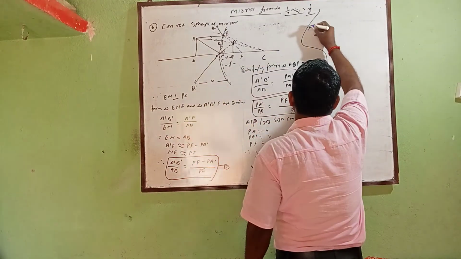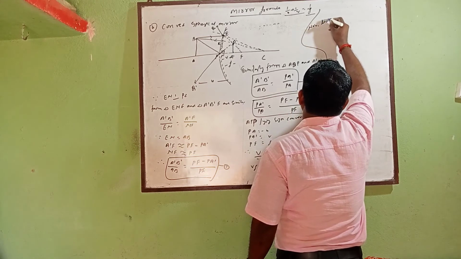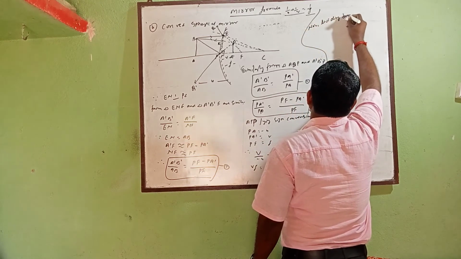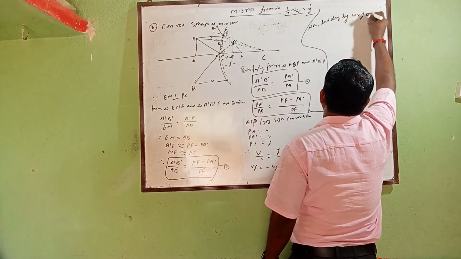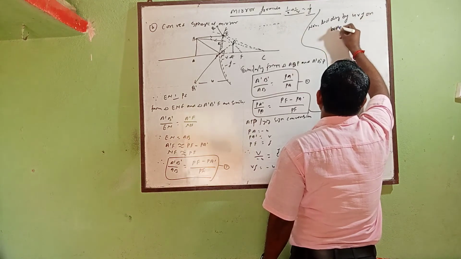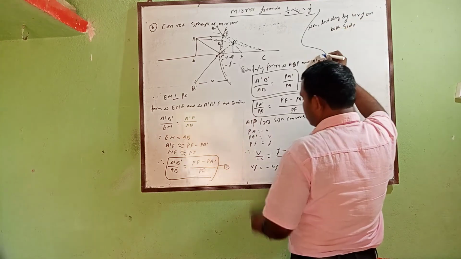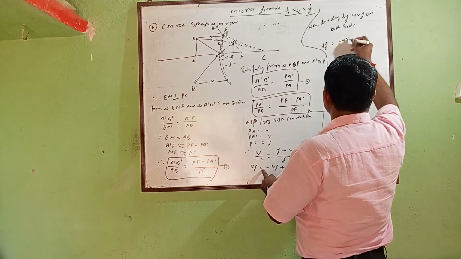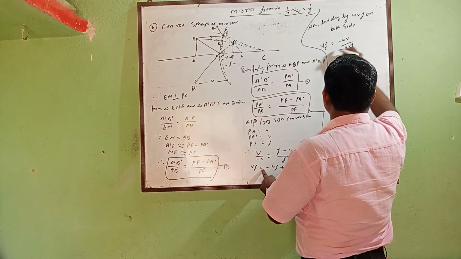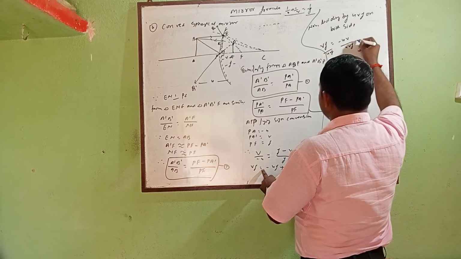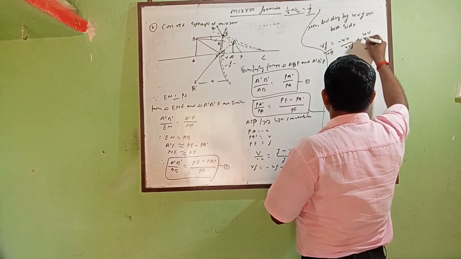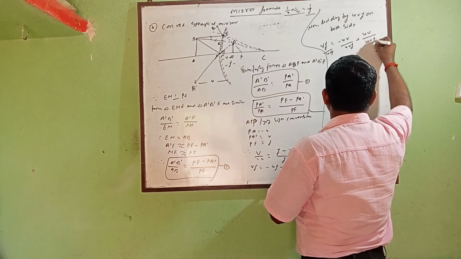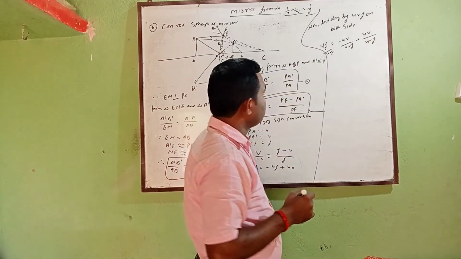Then what you will get? Now dividing by UVF on both sides, you can write VF by UVF equal to minus UV by UVF, plus UV by UVF. Some terms will cancel out.